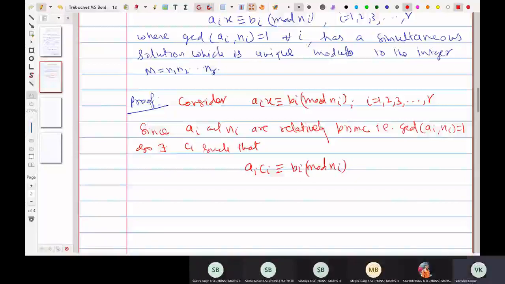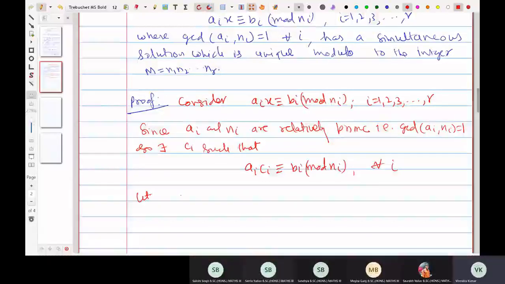So this was the condition under which this kind of equation a_i x congruent to b_i modulo n_i possesses a solution. So for each i, we have a solution, and that solution is c_i.